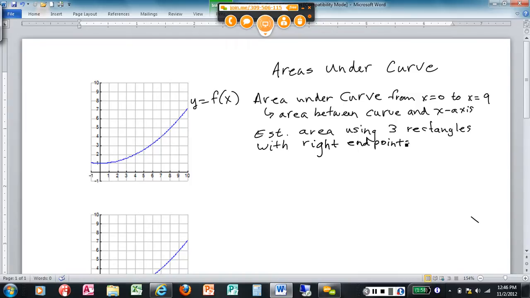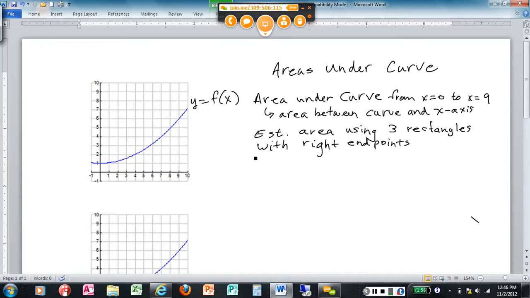First of all, I, of course, chose 3 because how many units am I talking about? From 0 to 9, that's 9 units there. 1, 2, 3, 4, 5, 6, 7, 8, 9. So this is going to divide up very nicely. How many units will be the width of each rectangle if I'm using 3 rectangles?